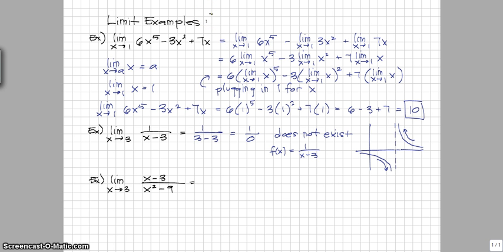Attempting to plug in the value we're making x approach gives us 0 over 0. Now 0 over 0 is undefined, but in terms of limits, we have another special name for it. We say that this is an indeterminate form.